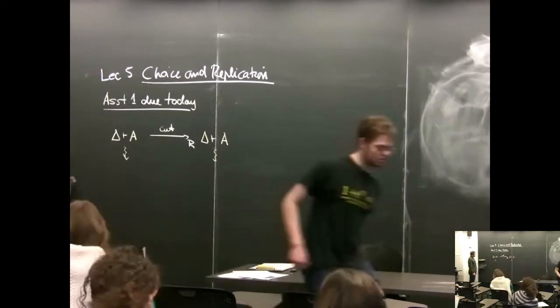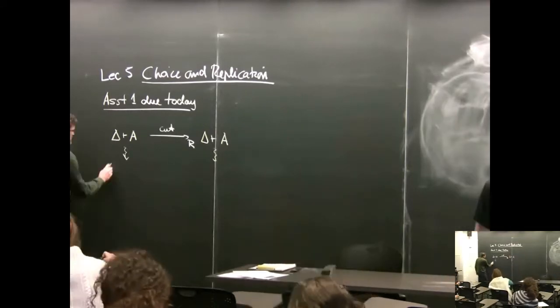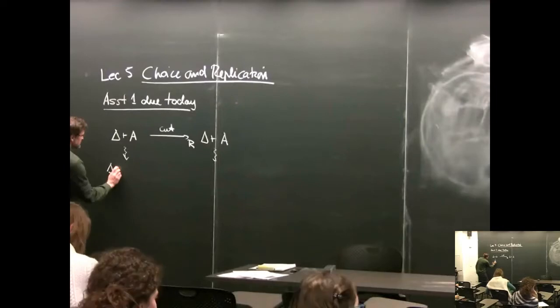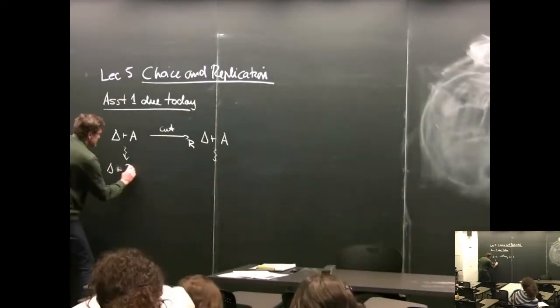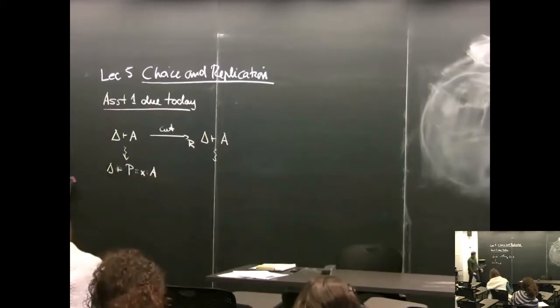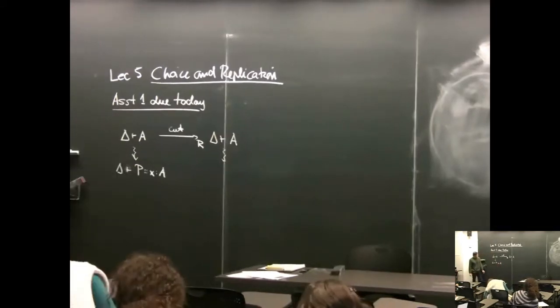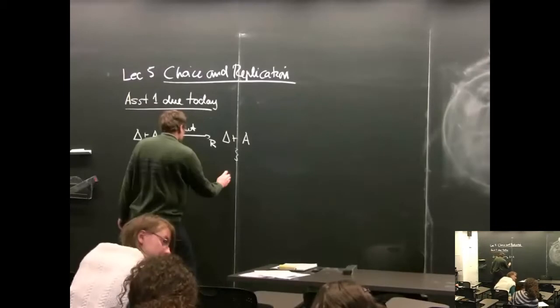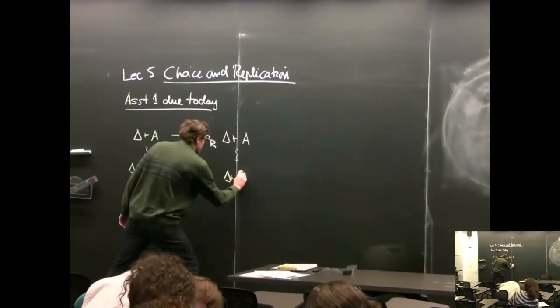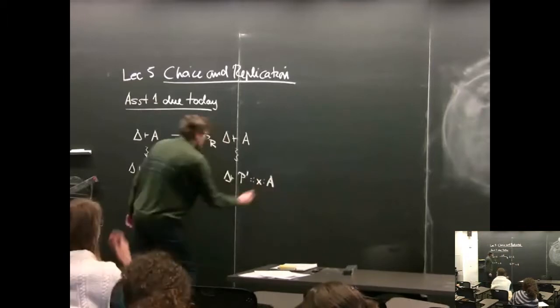So we annotate these things. So the delta now has channel names. And then we have a process that offers a service, which we view A now along some channel X. And of course, the same thing happens over here. Okay.